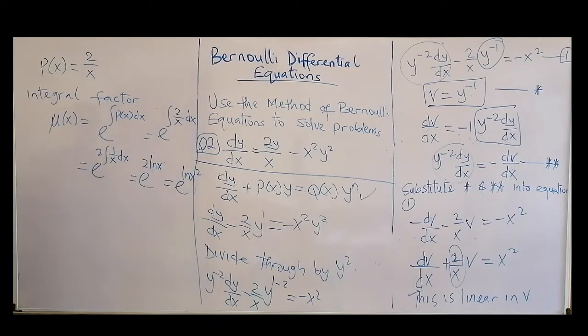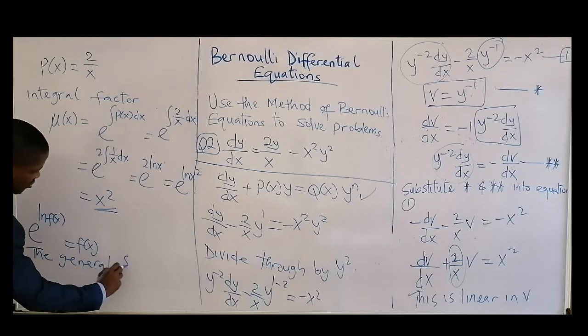These two can come here on the logarithm rules, and that will give us x squared. Don't forget I said in the previous questions, question 1, that when you have exponential to the power of ln f of x, it is equal to f of x. So that's what I've done there. So I've gotten my integral factor. The integral factor is x squared.